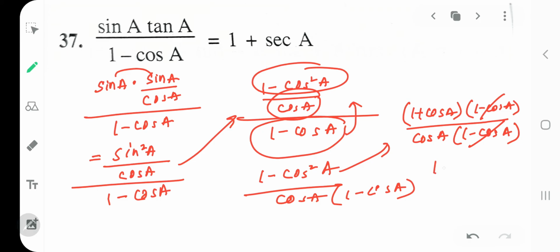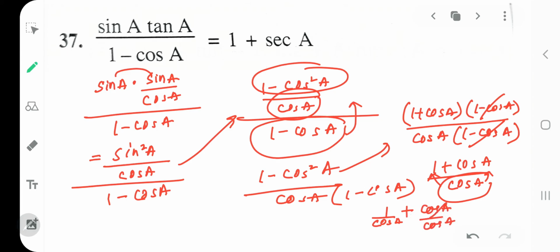So you have 1 plus cos A upon cos A. Now this cos A is with 1 also, with cos A also. So you will write 1 upon cos A plus cos A upon cos A. So cos A is cut, that will be 1. And for 1 upon cos A, you can write sec A. So your answer is sec A plus 1.